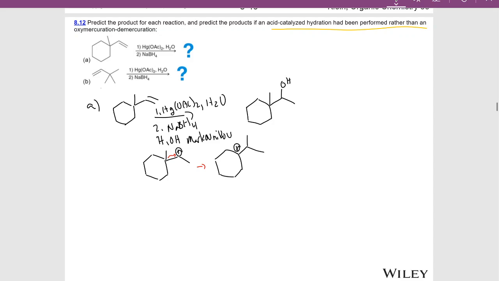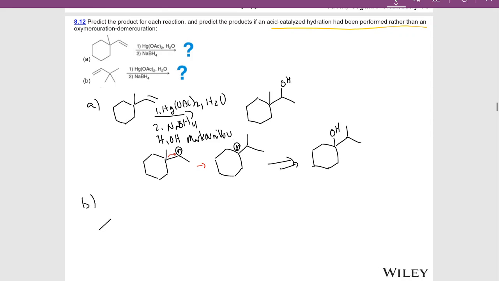And then water would have attacked, and then hydrogen removed. So I'll just draw 2 arrows here to indicate there were actually 2 steps. And this would have been the product. So oxymercuration demercuration, even though we're using toxic and difficult to dispose of mercury, would have avoided that methyl shift.